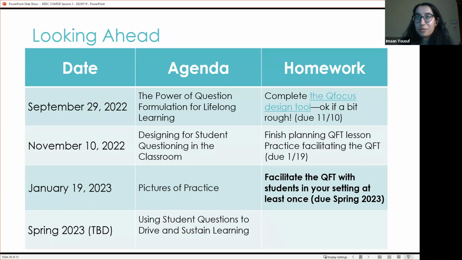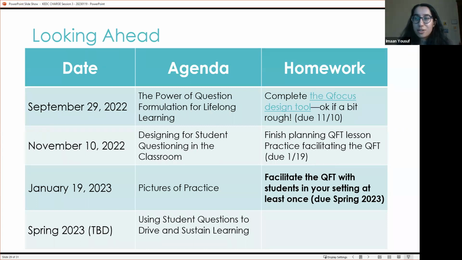So looking ahead, we hope to see you all again in late spring, early summer, and by then we want to hear all about how it's gone. We hope you've facilitated it with your students. If you've already given it a shot, this is just an opportunity to create a new Q focus, or like Johnny has spoken about, look at your existing curriculum. What's coming up? Where do you see the chance to bring in the QFT?